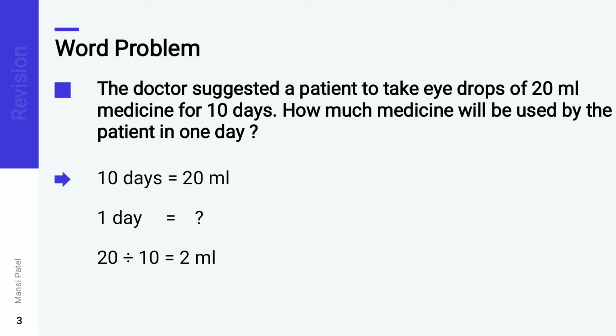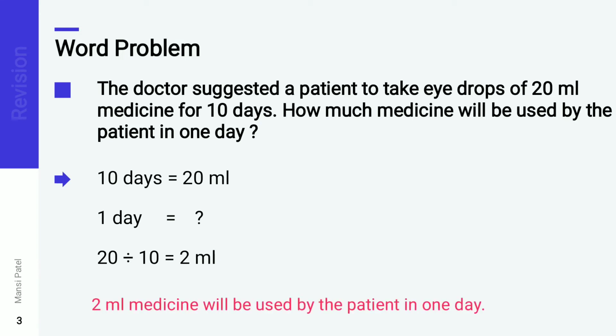So 20 divided by 10 is equal to 2 milliliter. Therefore, 2 milliliter of medicine will be used by the patient in one day, or we can say that in one day she has to use only 2 milliliter of medicine.